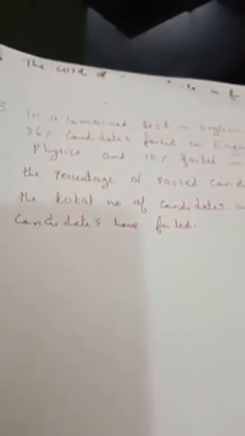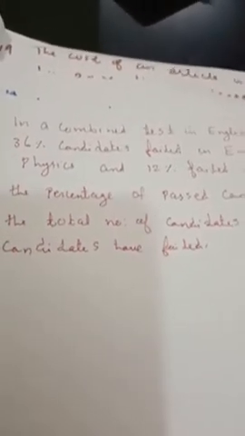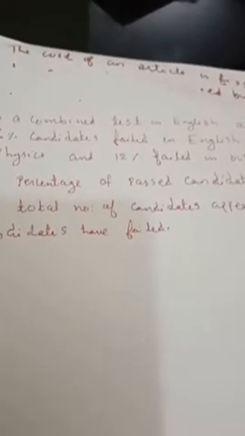So here we know that two tests were there, physics and English. In English 36% candidates failed and in physics 28% failed, but 12% failed both physics and English.